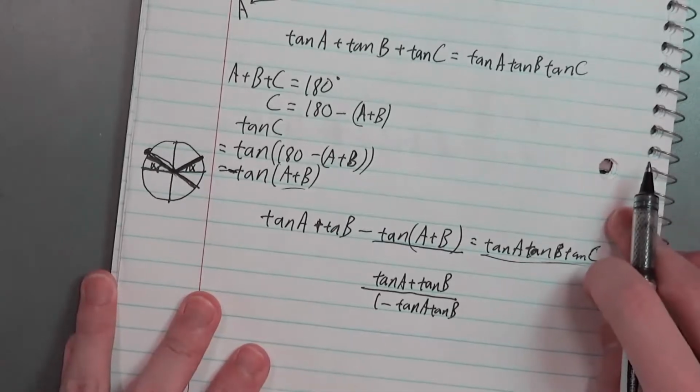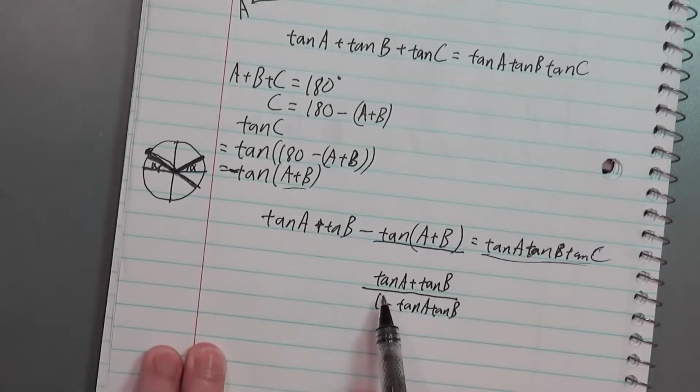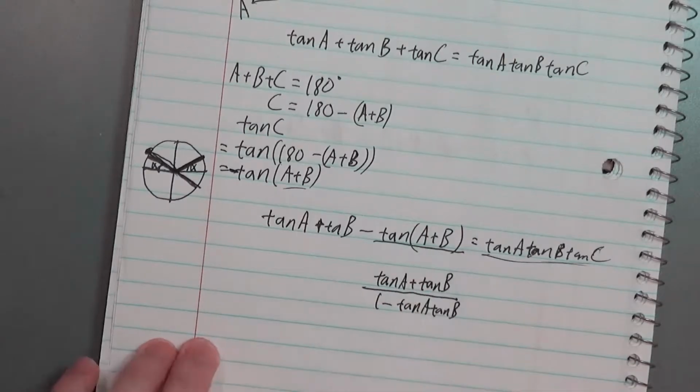We can prove it later if you want. One way to memorize this is just saying tan plus tan over 1 minus tan tan. You know, the bottom subtraction is opposite to whatever's being done on top.